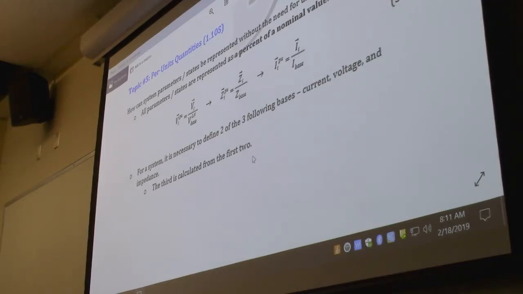So this does a really good description. It's from the old version of the textbook, the Grainger textbook that we used to use, but this is really a topic that's universal.